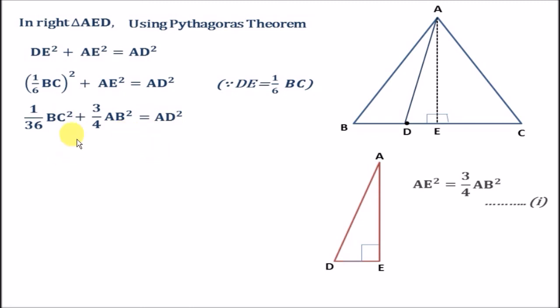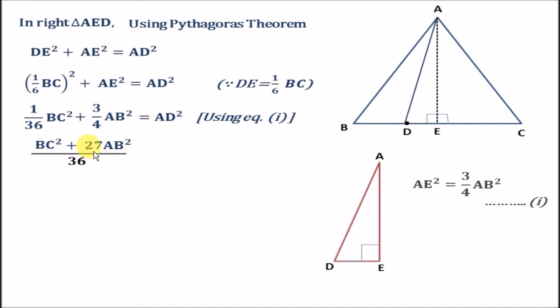Now LCM of 36 and 4 will be 36, as 4 9s is 36. So for the first quantity, we will write BC square as it is, as it has the same denominator as the LCM. Now 4 9s is 36. That means for the second quantity, we need to multiply with 9. 9 3s is 27.